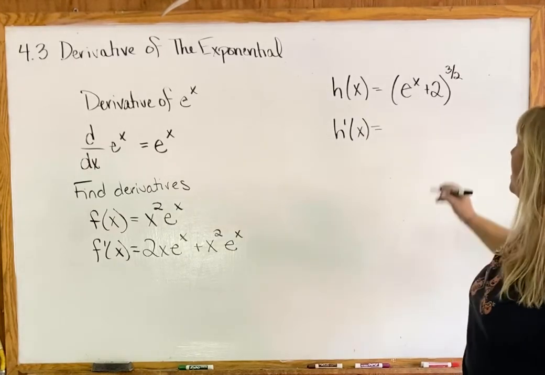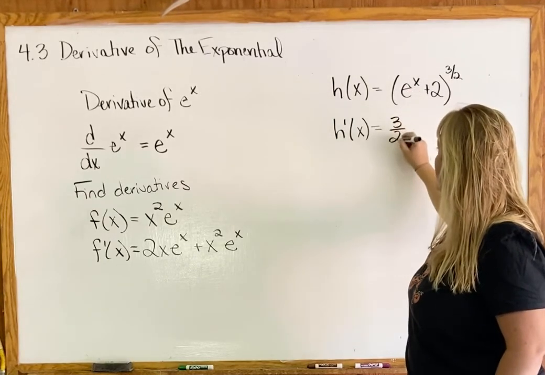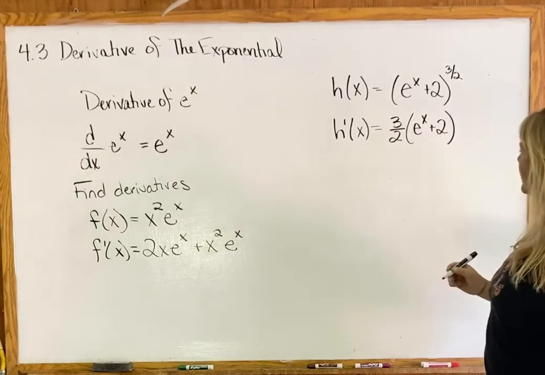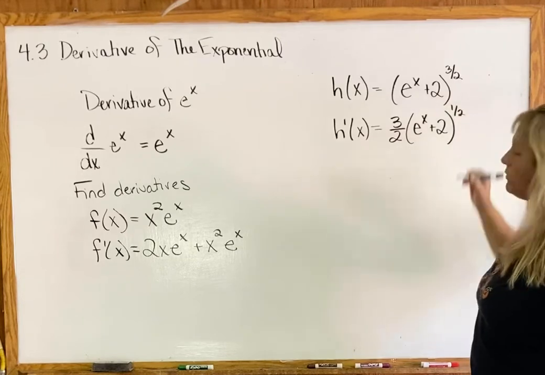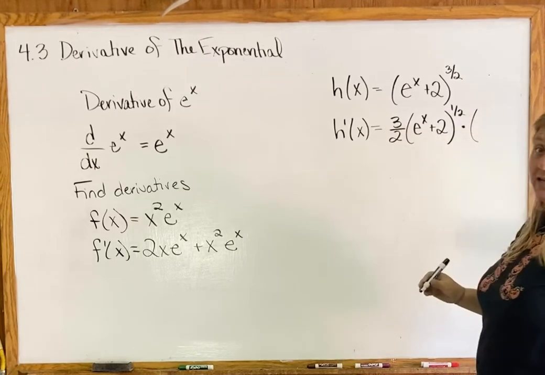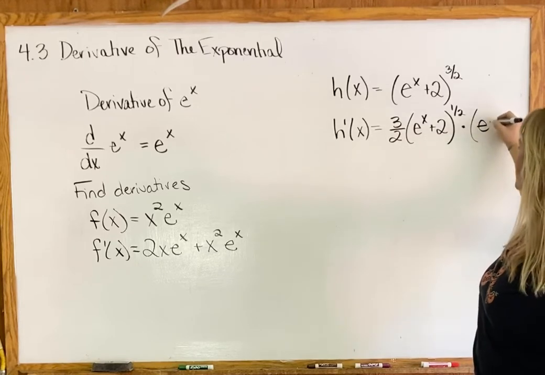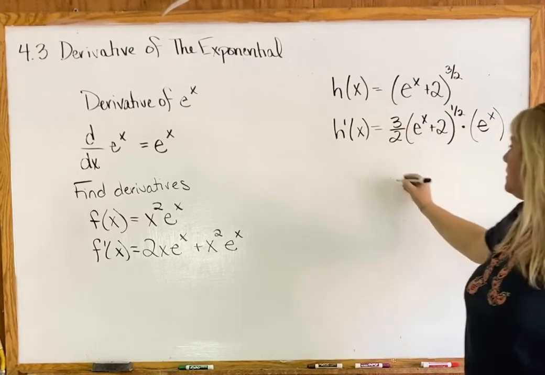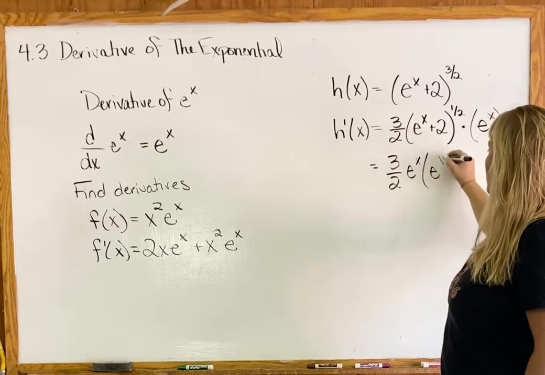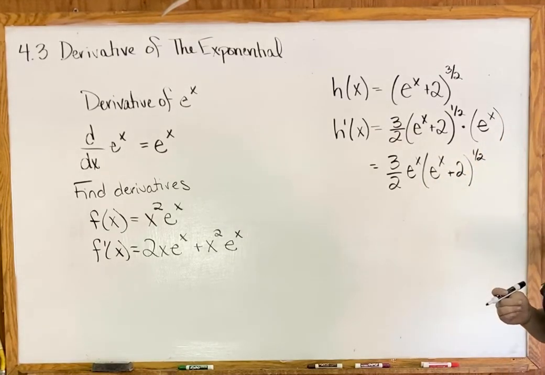With the chain rule, we bring down the 3/2, leave the inside alone, and the new exponent will be 1/2, if we subtract 2/2. Then we need the derivative of the inside, e to the x plus 2, which is just e to the x. So we end up with 3/2 e to the x times (e to the x plus 2) to the 1/2 power.